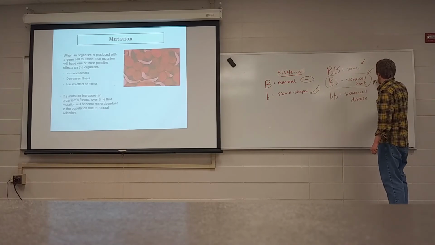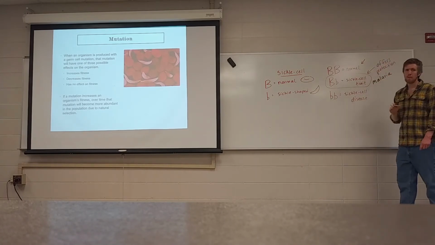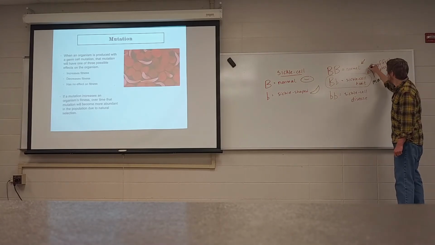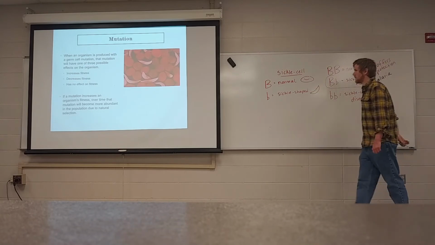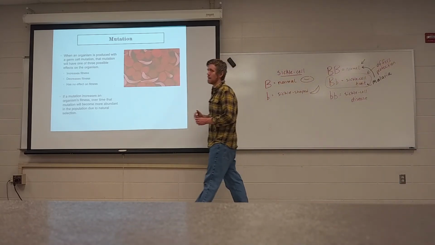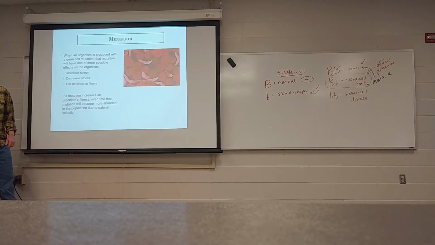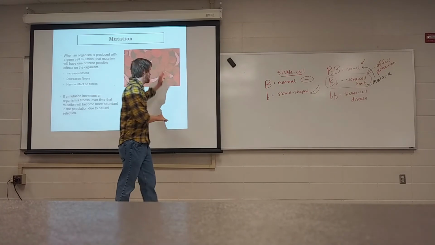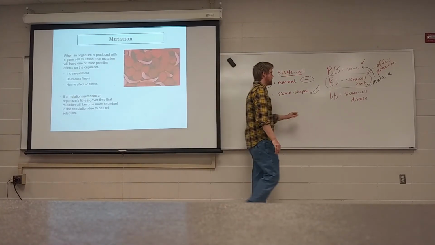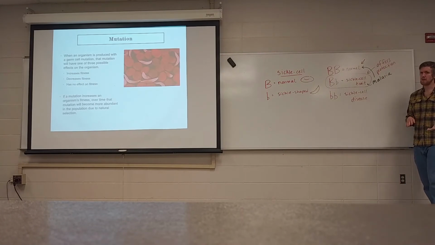And that is malaria. Malaria kills a lot of people, and it kills a lot of people with normal blood cells. If you have sickle cell trait, mortality from malaria is greatly reduced, which means in places where there's a lot of troubles with malaria, having some of the sickle-shaped blood cells, having sickle cell trait, gives you higher fitness.